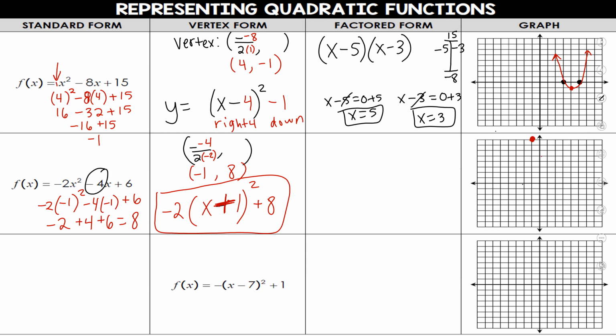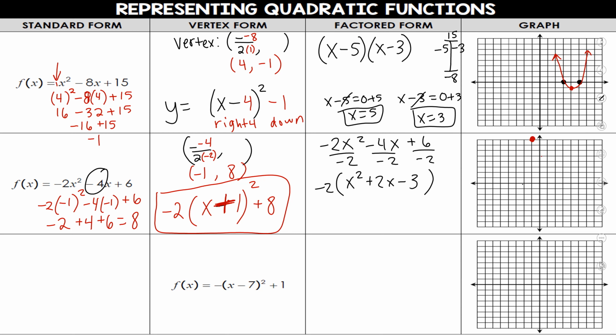Factored form, I can divide all of these by a -2. Before I get started, I'm going to divide all of these by a -2. So we'll have a -2 on the outside. So we pulled out a -2.